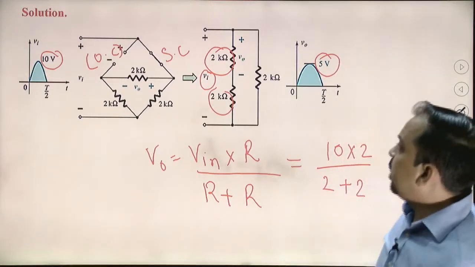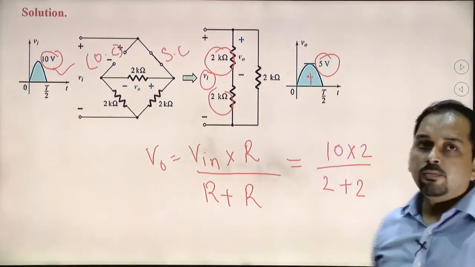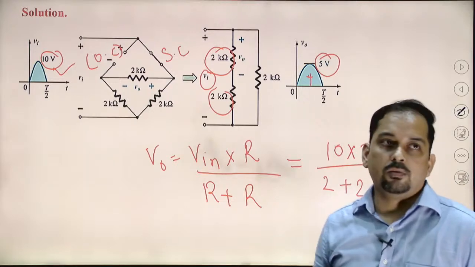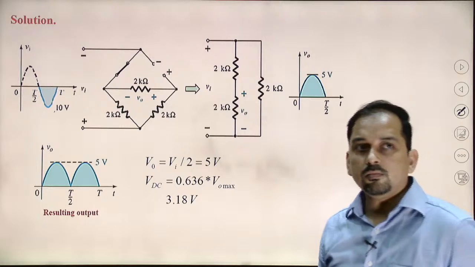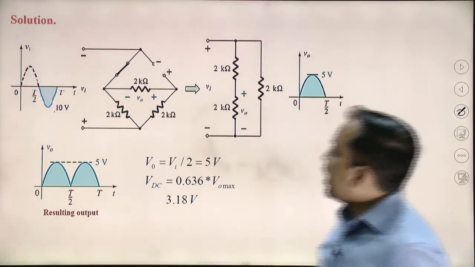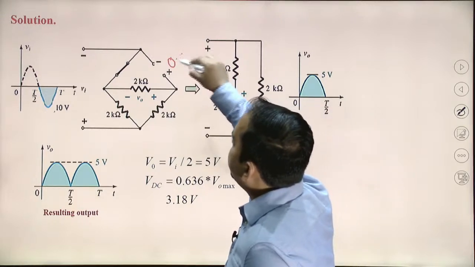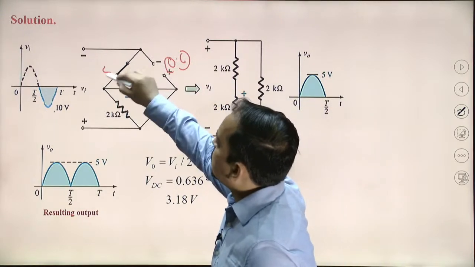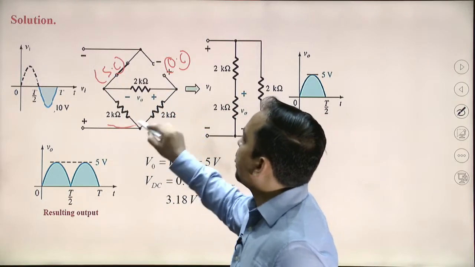So the input is given as 10 volt, but we are getting a waveform at the output side of 5 volt. Now during the negative half cycle, we observe that here the diode is open circuit and here the diode is short circuit. So the current will flow something like this.